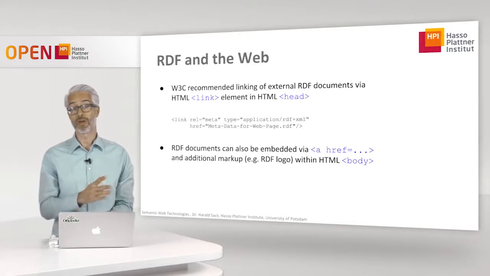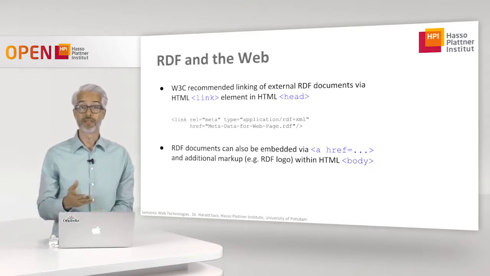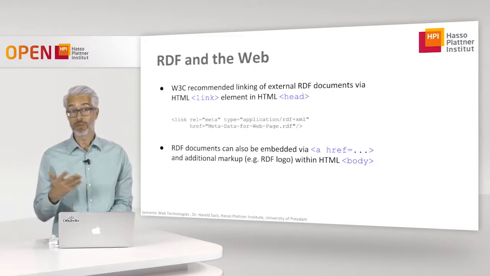Like you define a hyperlink, you can also refer to an RDF dataset and make it known in the document that this link goes to the data of an RDF dataset. So these are two possibilities.